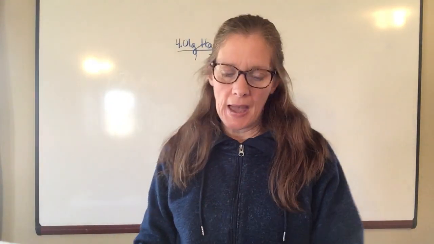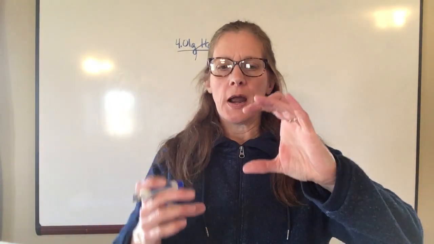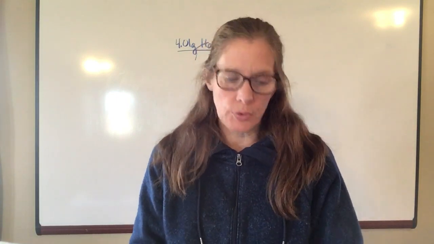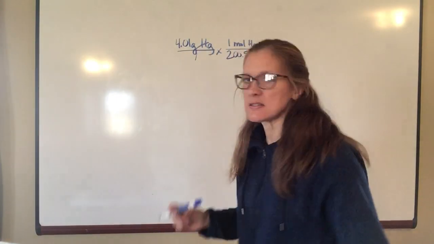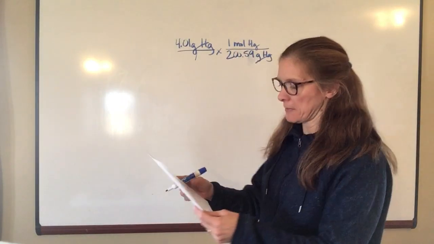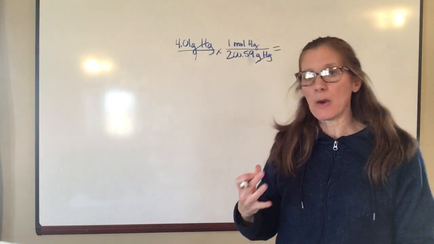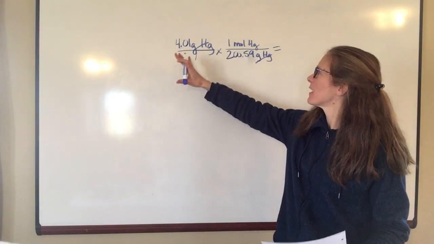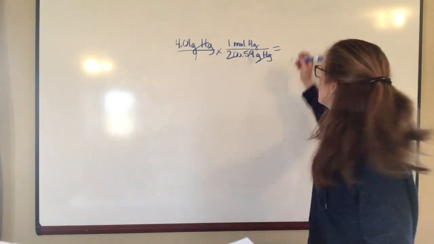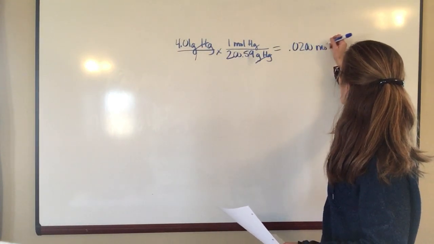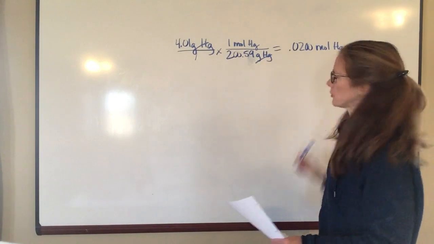But if you have a quart jar and you have just maybe even this much mercury in it, that jar is really, really heavy. So it doesn't take a lot of mercury to have a whole lot of mass. Okay, so after I get off that rabbit trail, once I turn my grams of mercury into moles of mercury, this comes out to be 0.0200 moles of mercury.